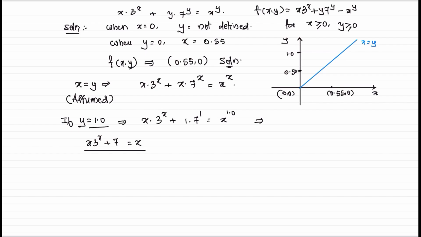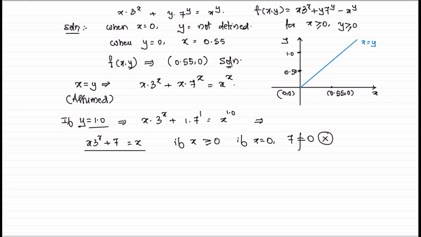Is this possible? Let us see. Because we have already assumed x is greater than or equal to 0. If x is equal to 0, this is not possible: 7 is equal to 0, not possible. 7 is not equal to 0.